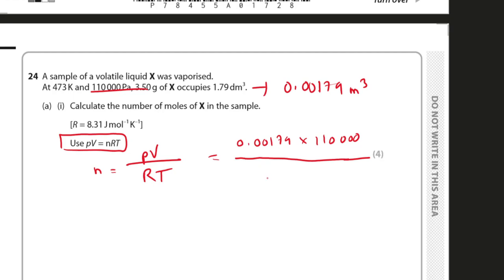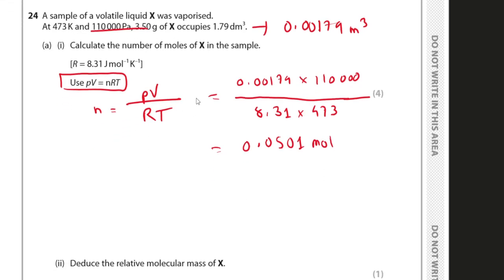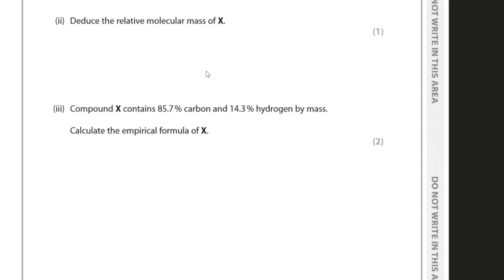The next thing, just multiply 8.31, the rest of the values provided, the temperature is about 473 Kelvin. So you can see eventually you get the value as 0.0501 moles. That is the amount of moles present in your X sample. Moving on, deduce the relative molecular mass of X down here.